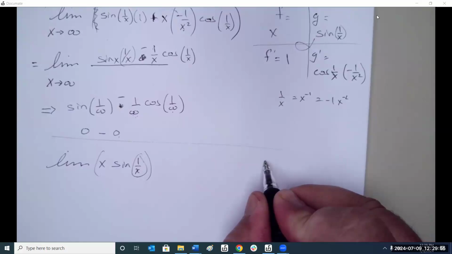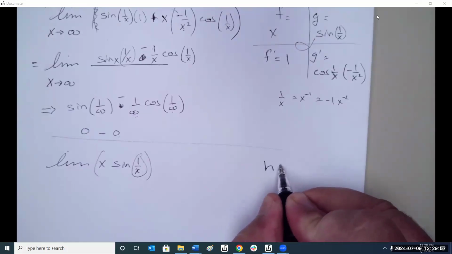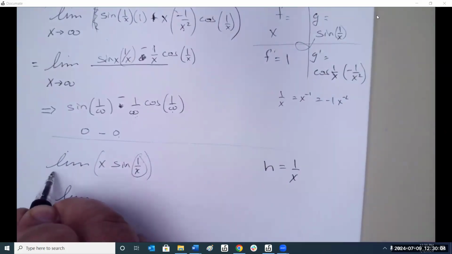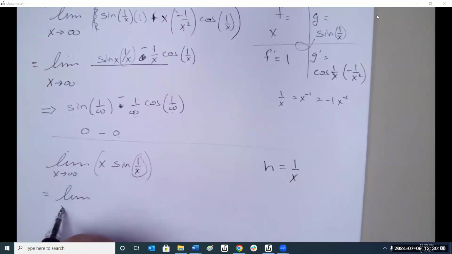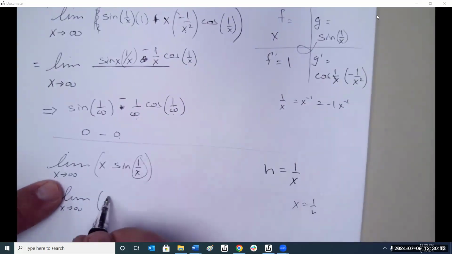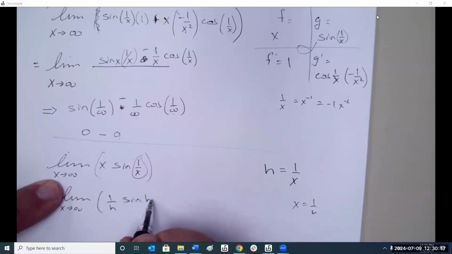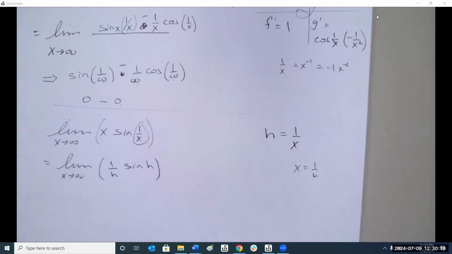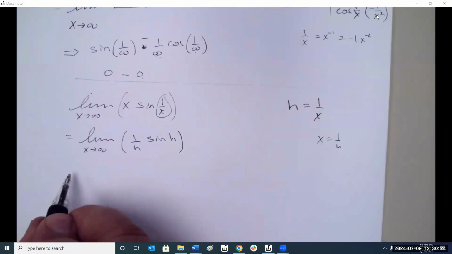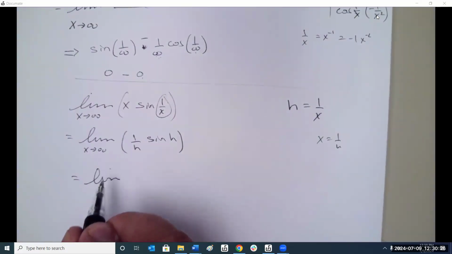So h is 1 over x, and this is as x goes to infinity. x is 1 over h. Sine h, so that's 1 over x. Much easier if we did it this way, a substitution.